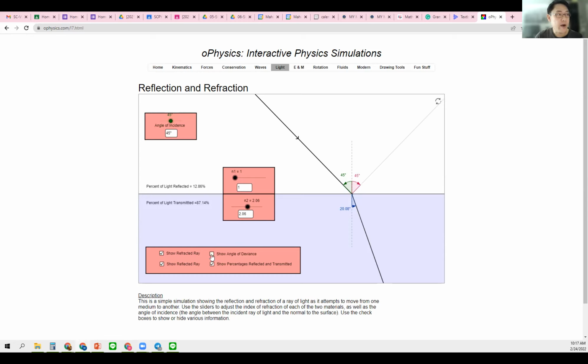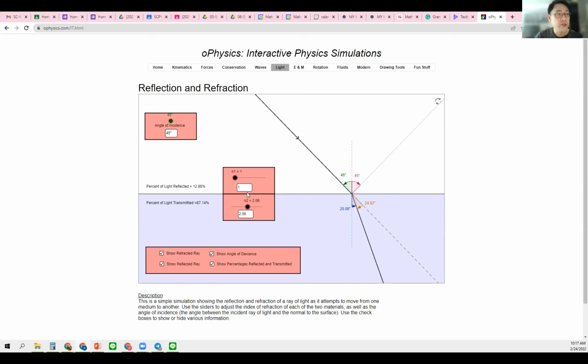I think this simulation is nice because it has a line showing the deviation from the original path, which gives you some idea of how things get refracted when going through the interface.